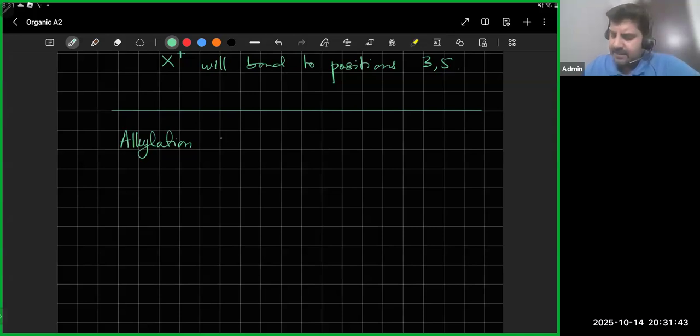The mechanism is exactly the same. So, alkylation of benzene. Alkylation is when you want to attach a carbon chain to benzene, so an alkyl chain is attached.